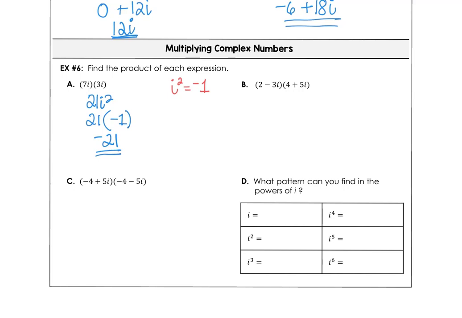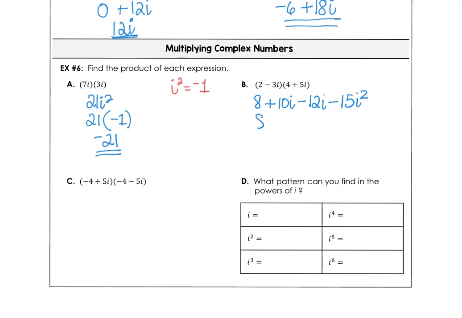Here we want to use distributive property twice, so letter B, 2 times 4 is 8, and 2 times 5i is 10i. Negative 3i times 4 is negative 12i, and negative 3i times 5i is negative 15i squared.